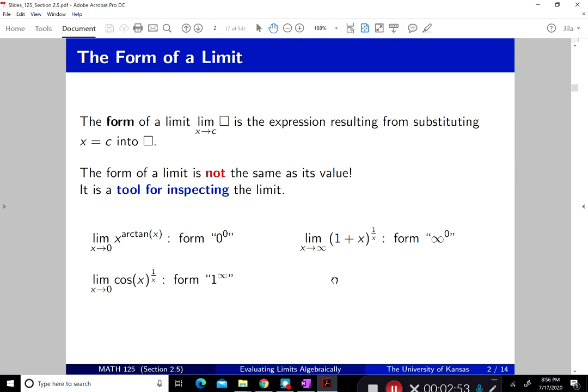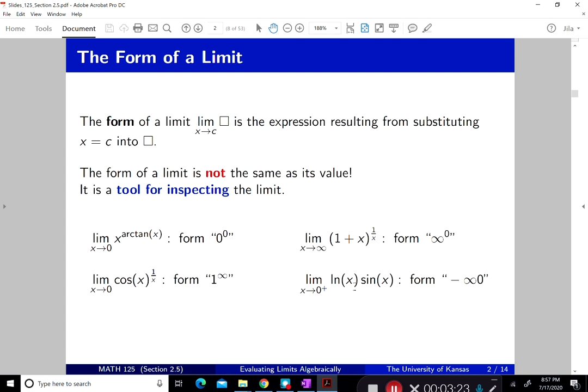And that, again, is not a number, or we don't know whether it's 0 or infinity or any number in there. And so the limit could be any of them. And the limit as x approaches 0 of cosine of x to the power 1 over x is of the form, if you plug in 0, you get 1 to infinity, basically.